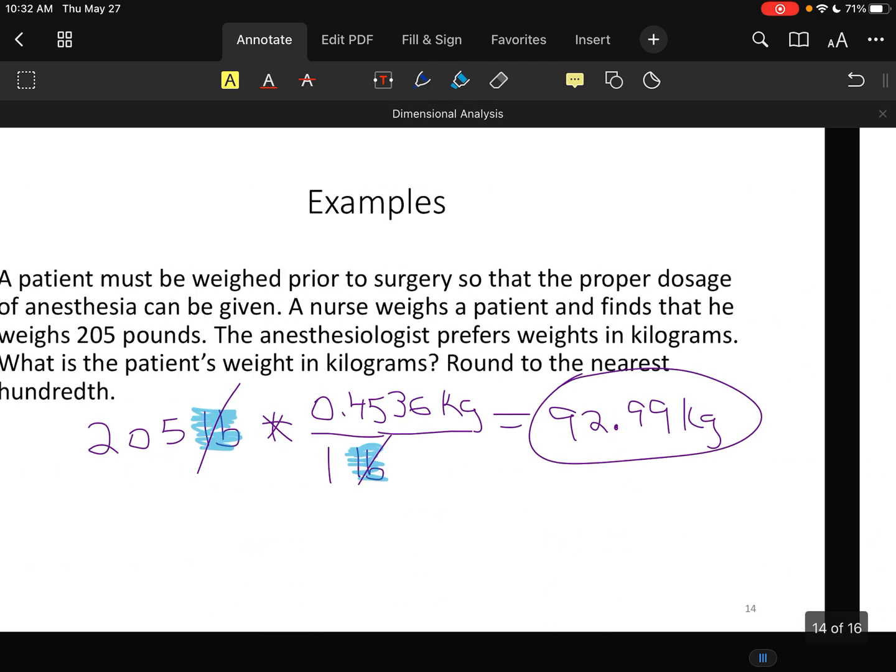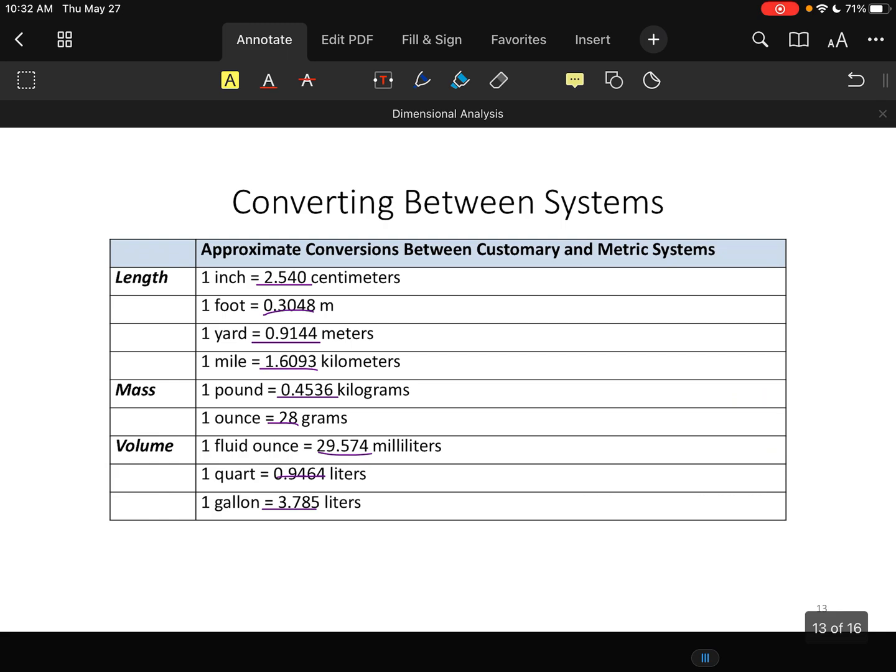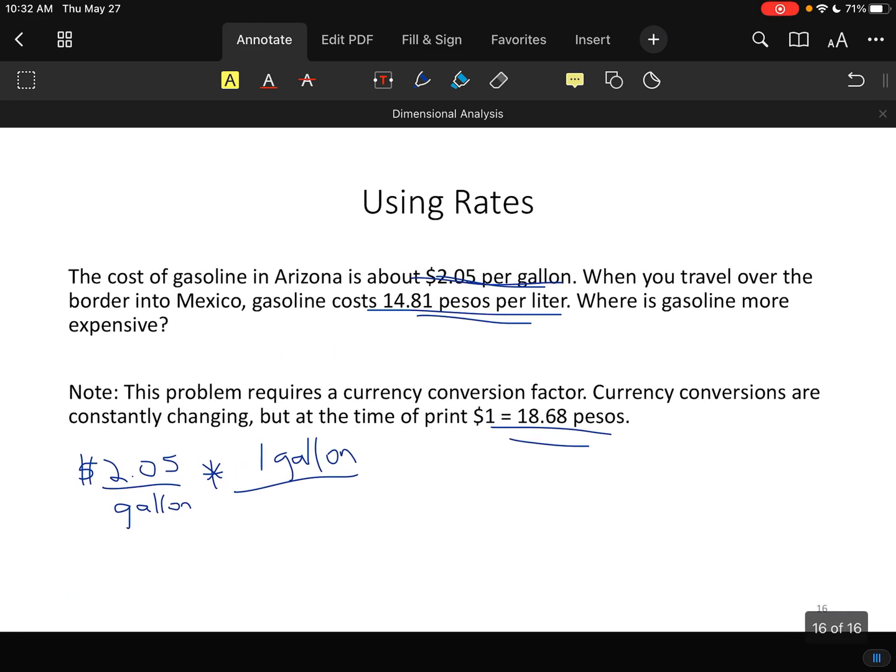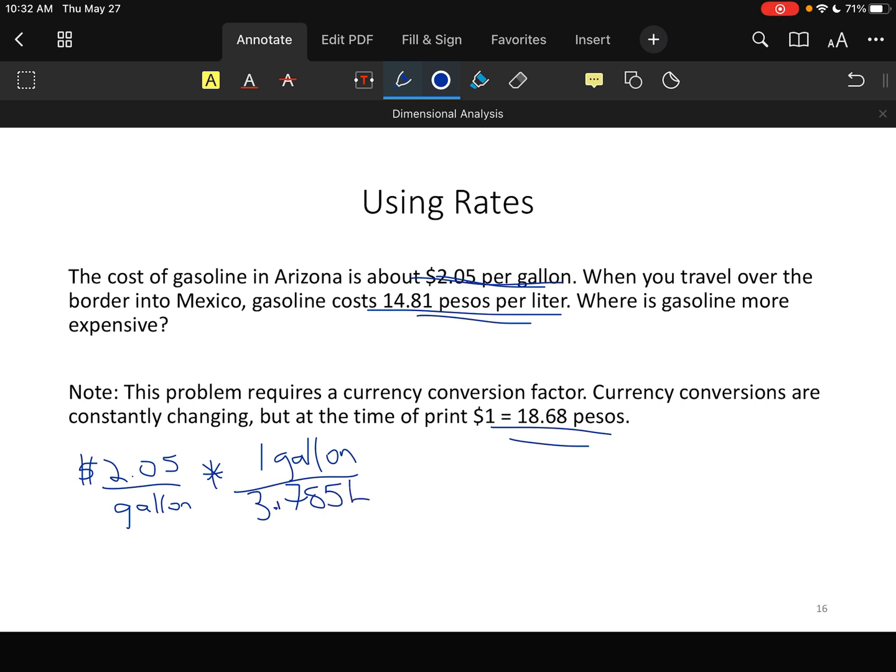Go back to your conversion table real quick. 1 gallon is 3.785 liters. So now the gallons will cancel.